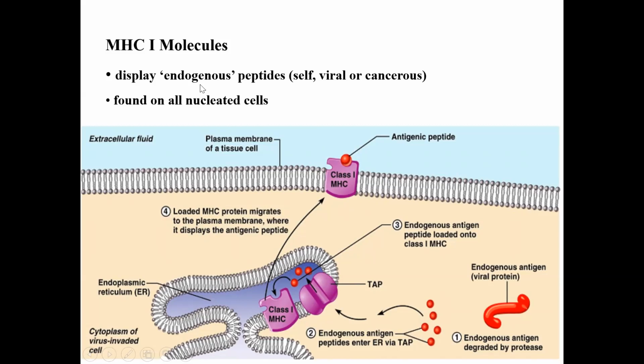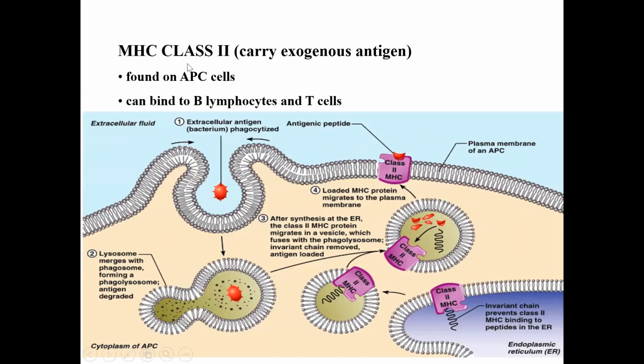Keep that in mind. Now MHC2, again, is made in the rough ER, and then it's going to have a little peptide stuck on it, and then transported to the surface of the cell. But this time, this peptide is not self-made. It is called an exogenous peptide. So this one has to be a phagocyte.